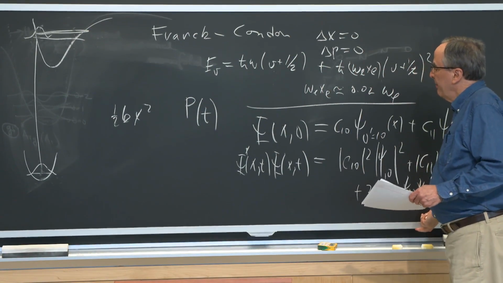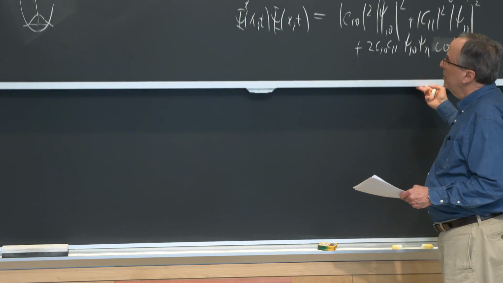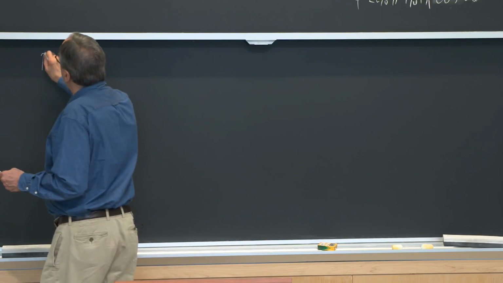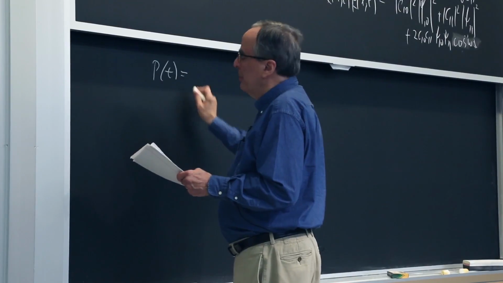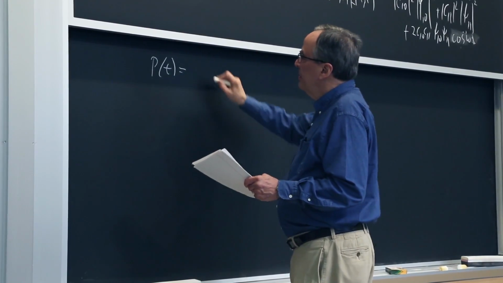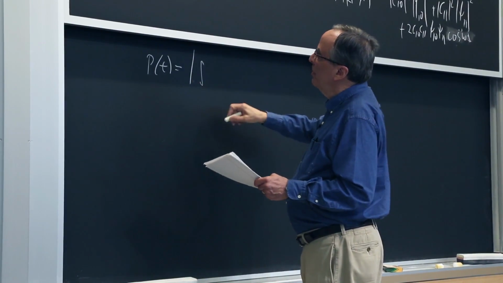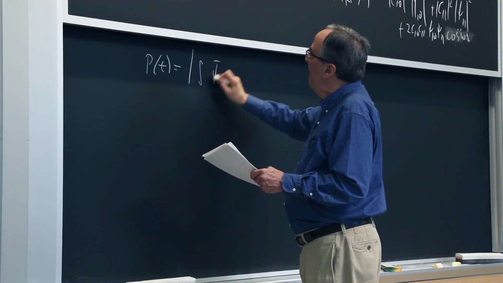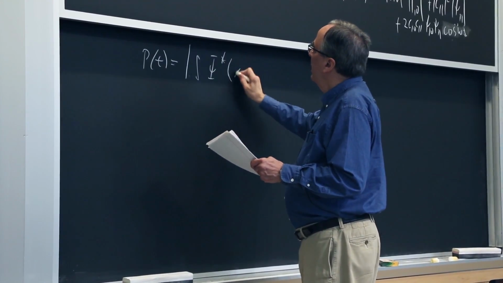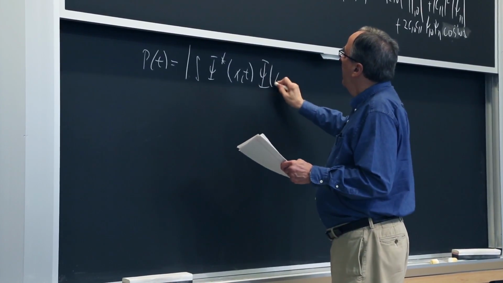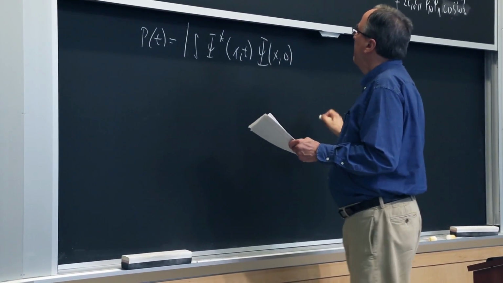Now, once we have this, we can also generate the survival probability. And the survival probability, capital P of t, is defined as the square modulus of the integral of psi star x t psi x 0 dx.